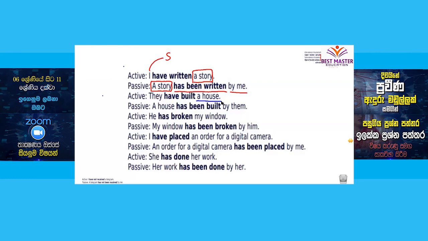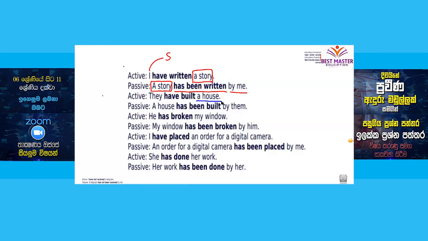When you find the object, be careful. In a sentence, there may be a long object with many words, an order for a digital camera.